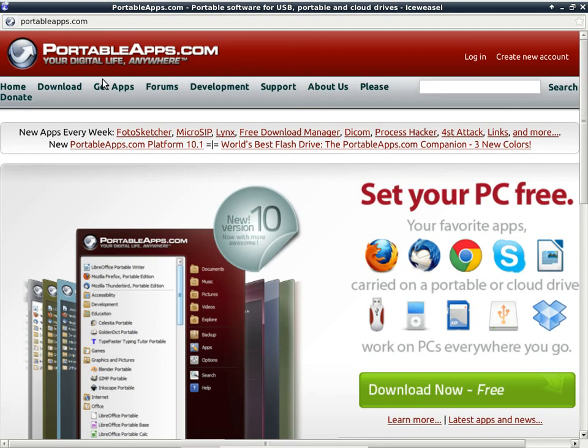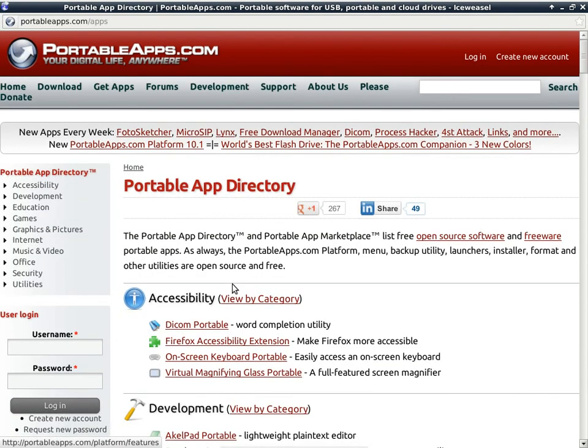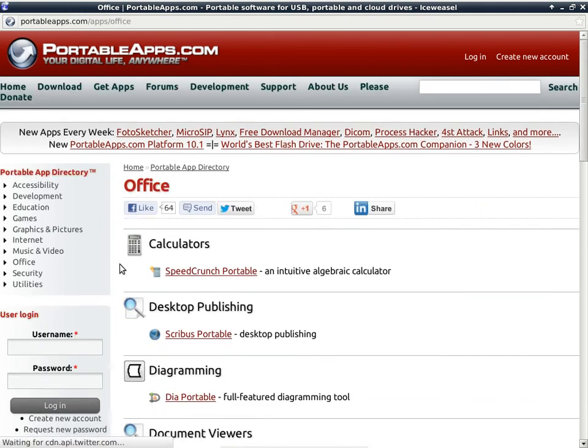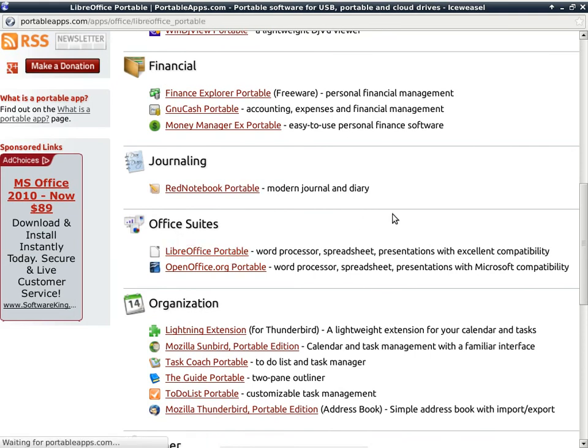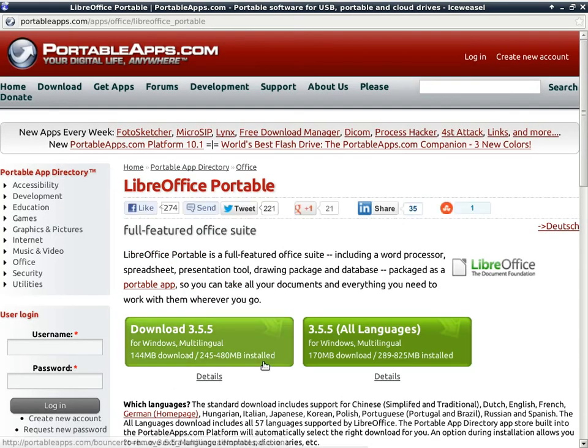What kind of space requirements? Very good question. I have not checked lately, so let's take a look. We'll go to Get Apps. It's not that much. You go to Office. It takes a long time to install if you have a slower flash device. Office Suite, LibreOffice Portable. Right here, it shows that to download, it is 144 megabytes.